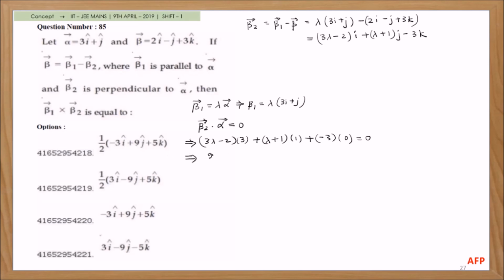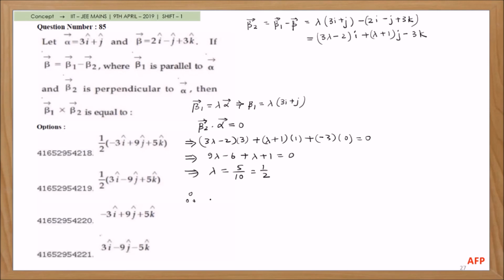So here 9 lambda minus 6 plus lambda plus 1 is equals to 0. So this is nothing but 10 lambda equals 5, so lambda is 5 by 10, nothing but 1 by 2. Okay, so lambda value you got, you can find beta 1, you can find beta 2.